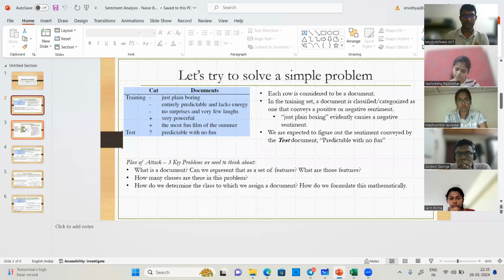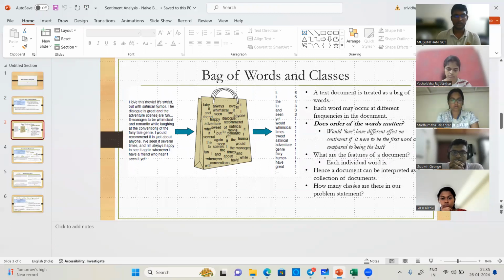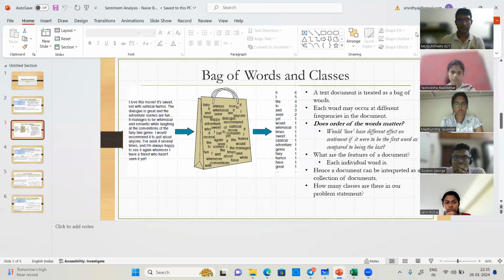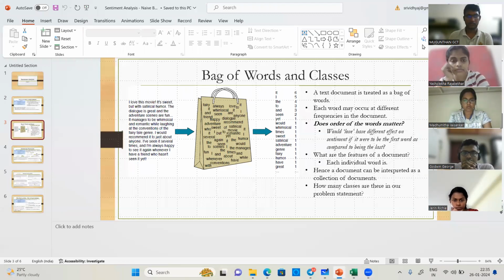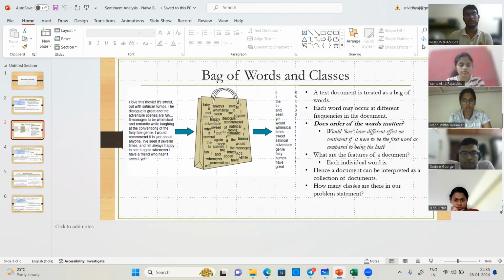Okay. So the way to understand this problem, this is regarding how you interpret a document. If you look at the plan of attack, the first one is we'll have to interpret what a document is. So this is how we interpret a document. It's called a bag of words. Just imagine to the left, you see a review.